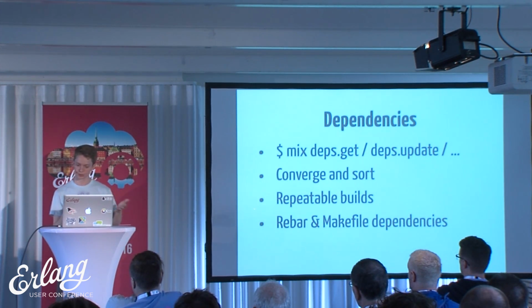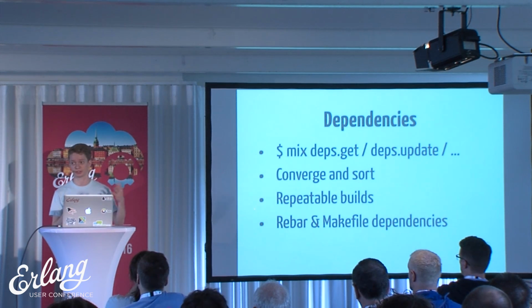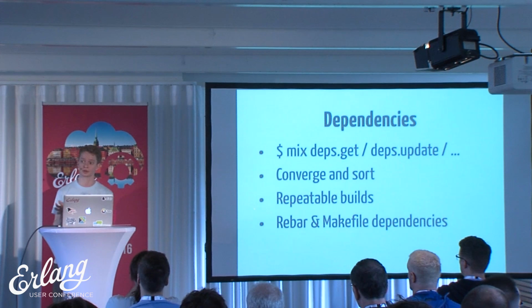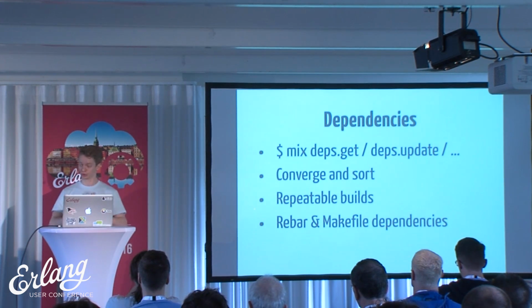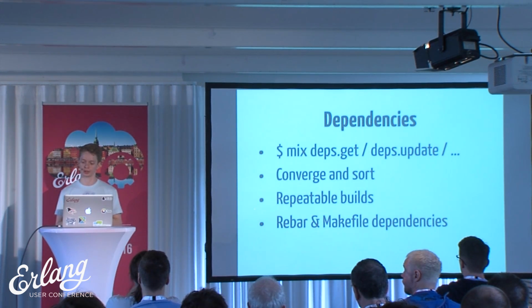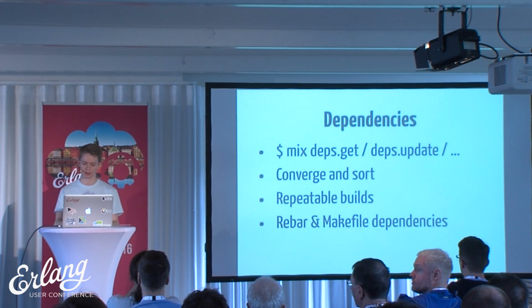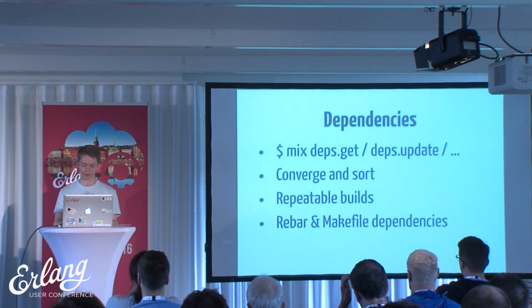So both dependencies have to be defined as being fetched from Git, for example, from the same repository, and use the same branch or tag or anything like that. If there are conflicts, we're going to complain about it, but you can always override that.